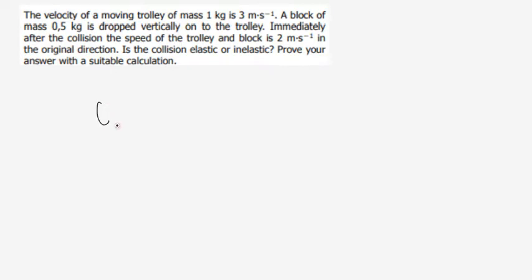The kinetic energy before is equal to half mass times velocity squared of the first object, which is the moving roller, plus the kinetic energy of the block that was dropped, half mass times v squared.